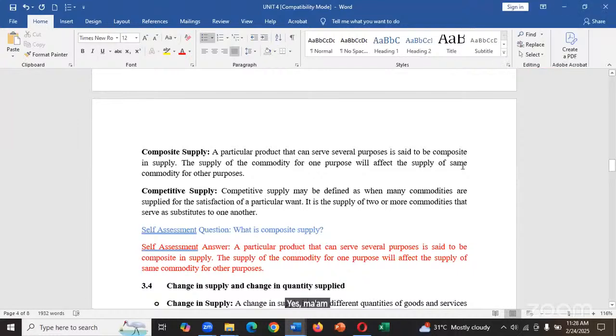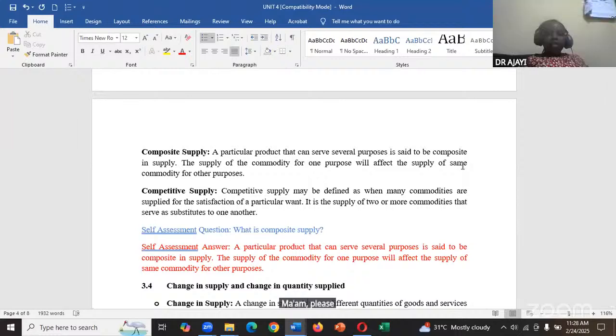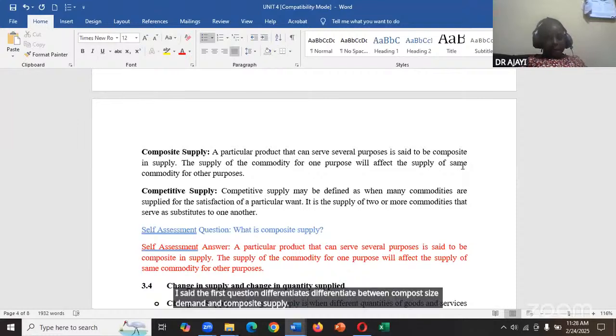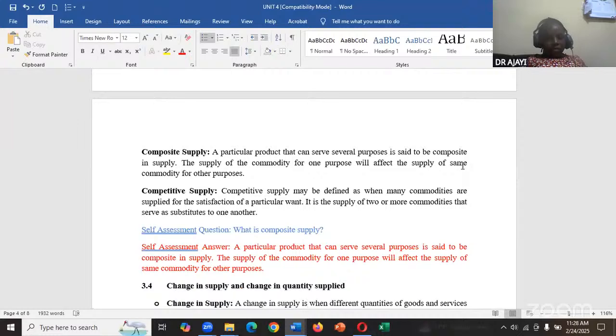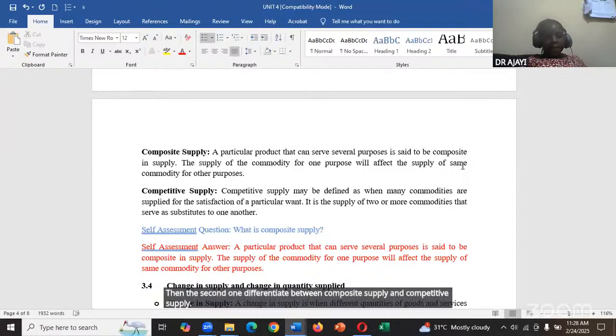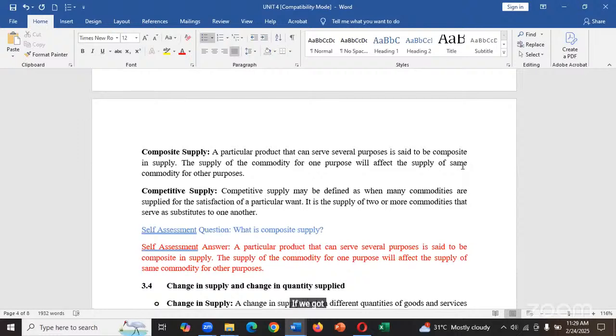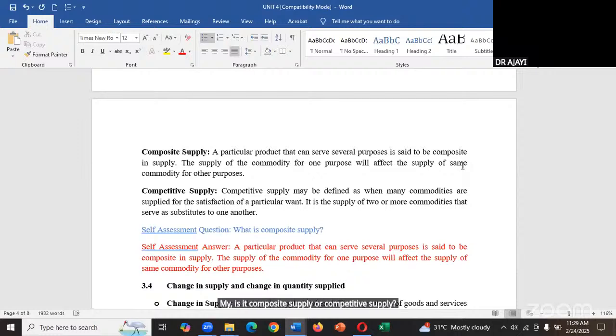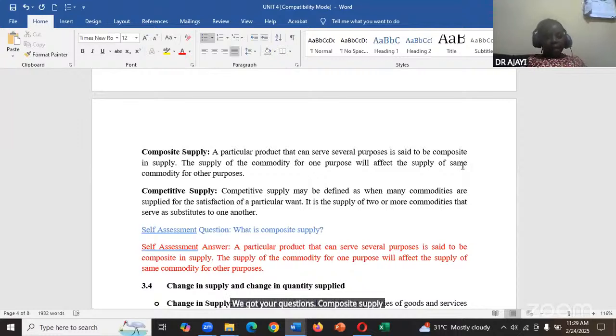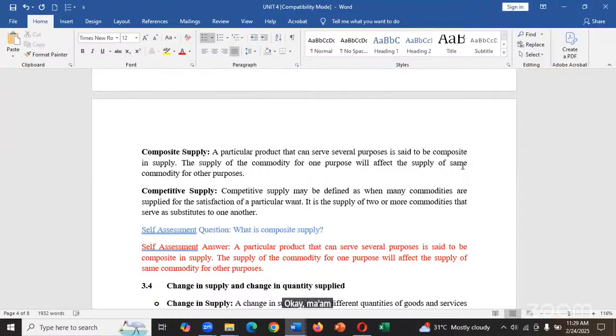I said the first question, differentiate between composite demand and composite supply. Then the second one, differentiate between composite supply and competitive supply. Composite supply and competitive supply. That's the second question.